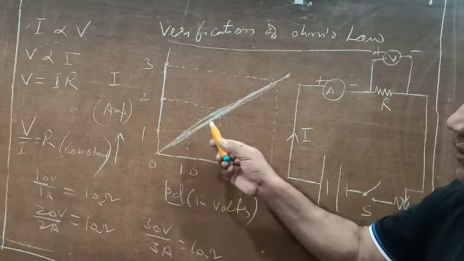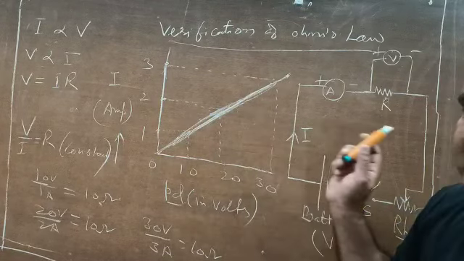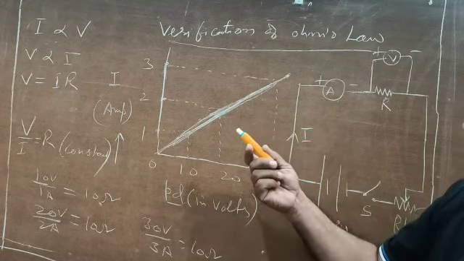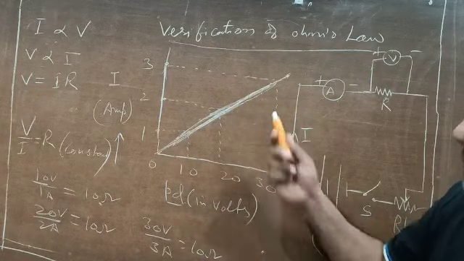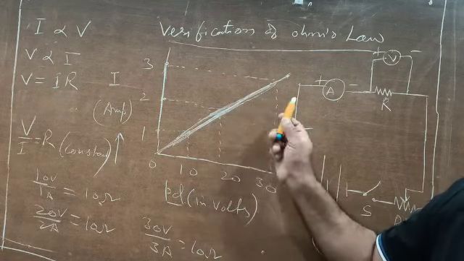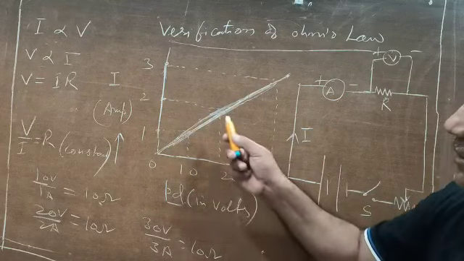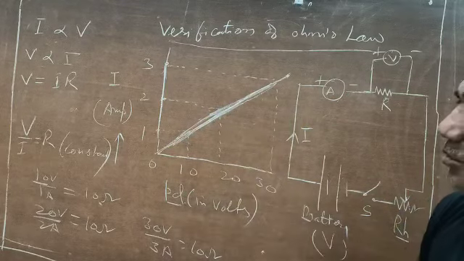When a graph between two quantities is a straight line passing through origin, undoubtedly those two quantities are directly proportional to each other. Such a graph is possible only if the two quantities are directly proportional.